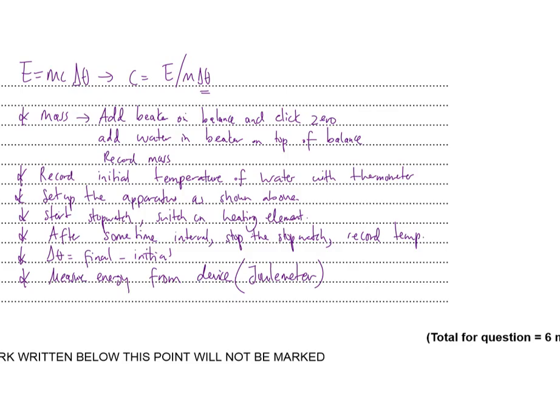Otherwise, what we have to do is use energy equal to power times time. And the power is the rating on the heating element, and the time we get from the stopwatch.